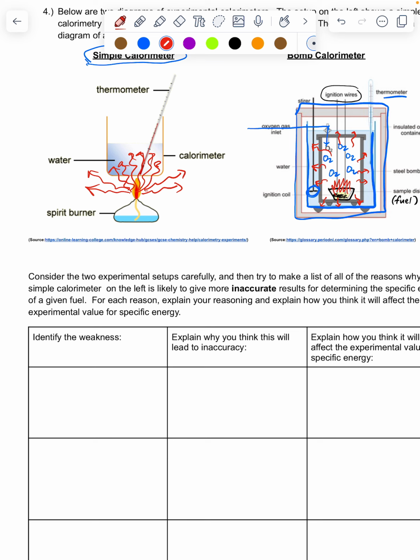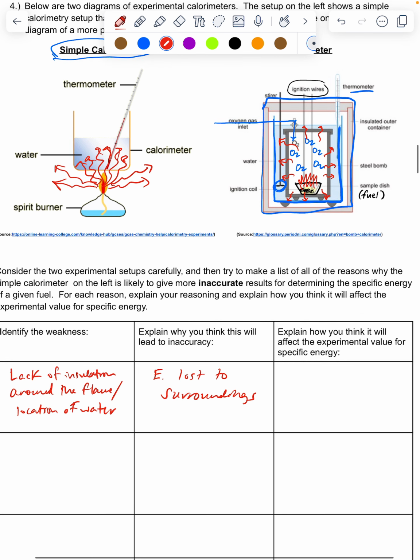This has to do with a lack of insulation around the flame and just the location of the water. It's not completely surrounding the flame, and so that means that energy is lost to the surroundings. It doesn't go into the water at all, and so there's a whole bunch of heat that's not going into the water.